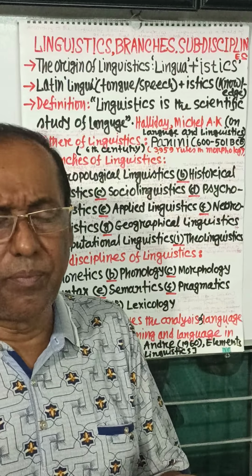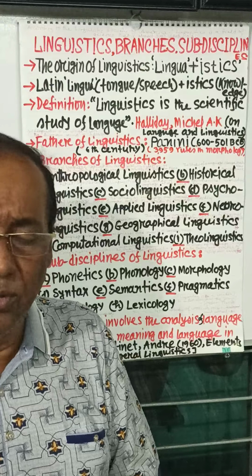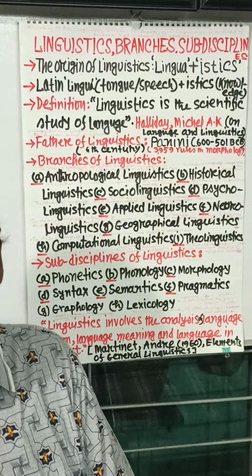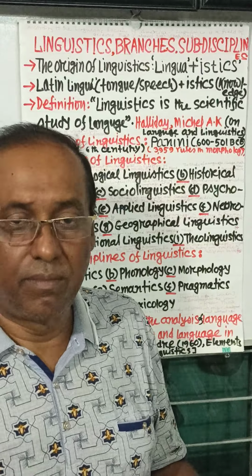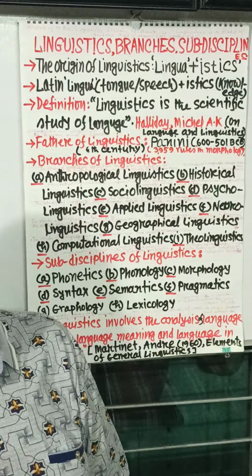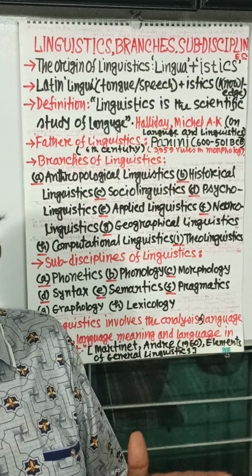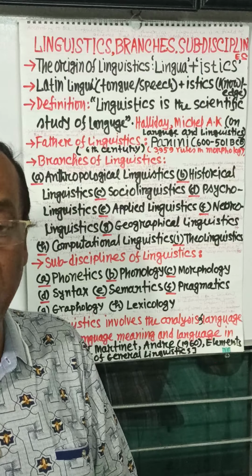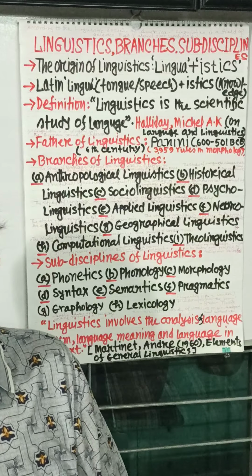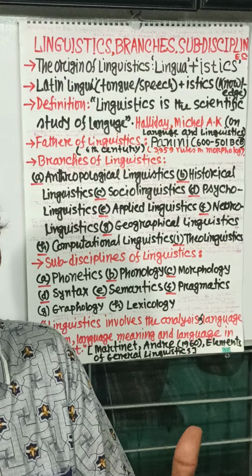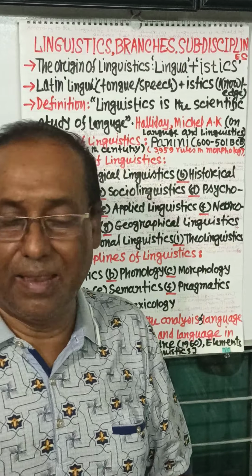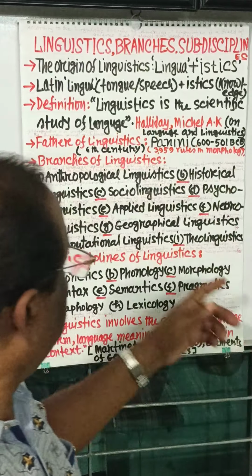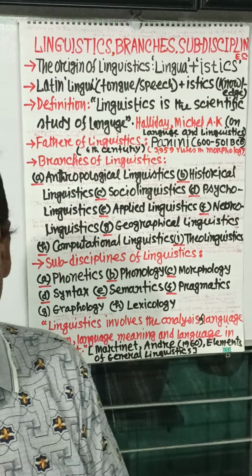There are also some branches of linguistics such as comparative linguistics, contrastive linguistics, and so on. But now I want to focus on the subdisciplines of linguistics or the linguistic levels. What are those major linguistic levels? At first, phonetics.